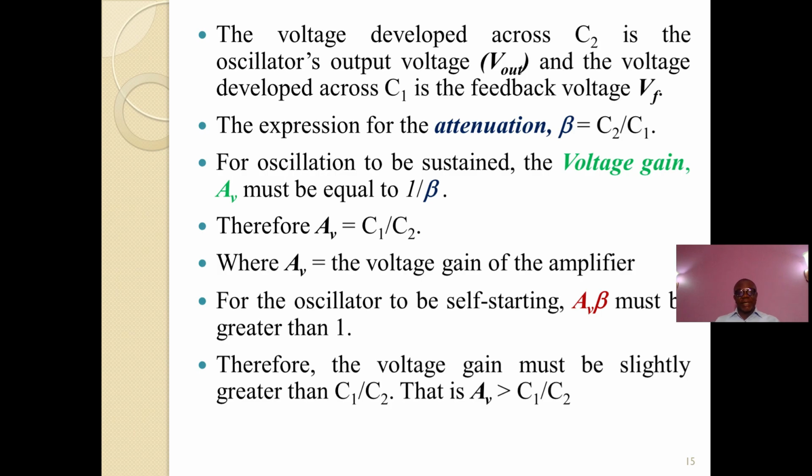It is important here to note, as we stated in our previous lecture, that for the oscillator to be self-starting, the gain times the attenuation must not only be equal to 1, it must be greater than 1.